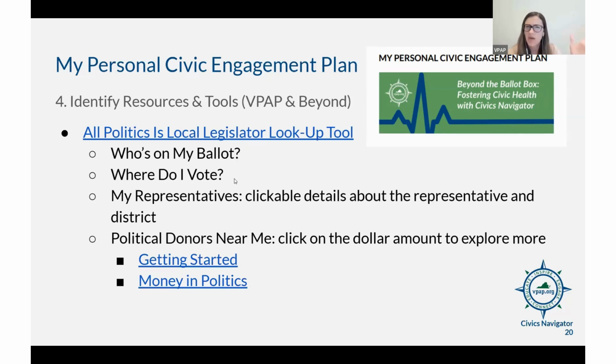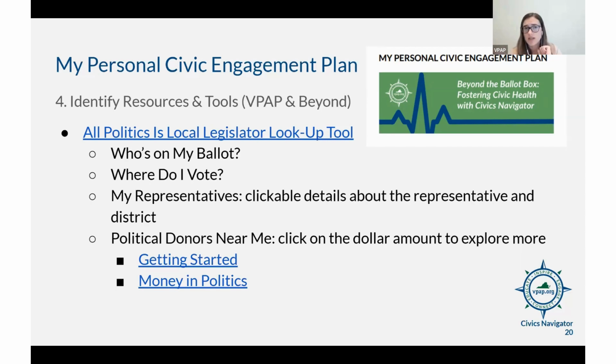And you're probably thinking, okay, well, I could just go to the State Board of Elections for that. Why would I need to do that on your site? The value of looking up your legislators on vpap.org is that you get this interconnected web of information that relates to your representatives. So you get all the demographic data, their voting history, the bills they've sponsored, the committees they're on.